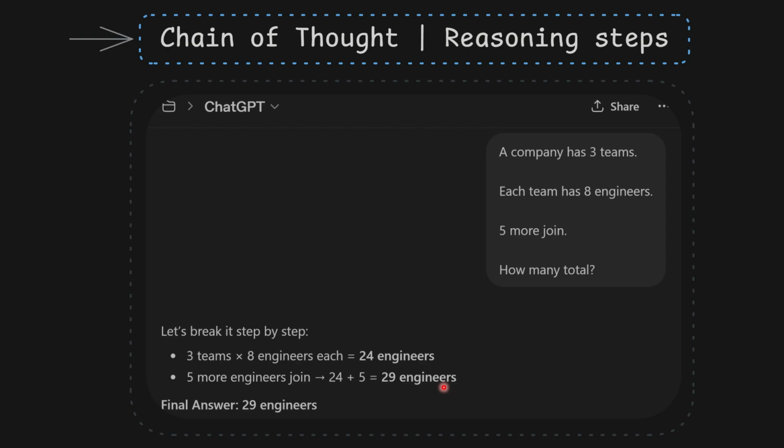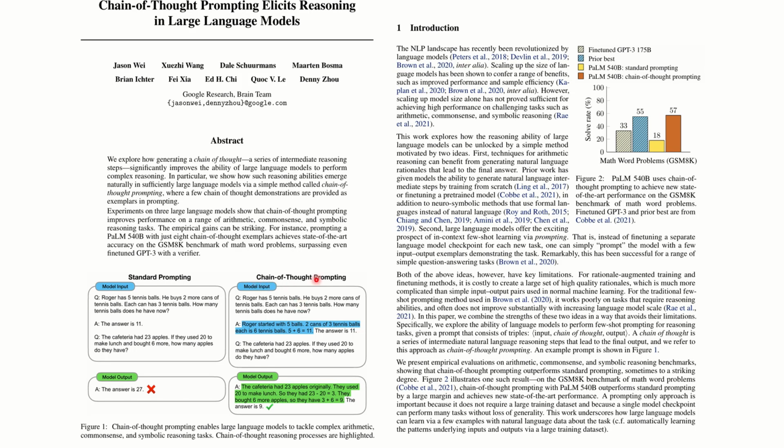And this is not just theory. The landmark 2022 chain of thought research paper showed that generating intermediate reasoning steps can significantly improve the performance of LLMs on arithmetic, common sense, and symbolic reasoning tasks. So, when a problem involves multiple steps, this approach matters.